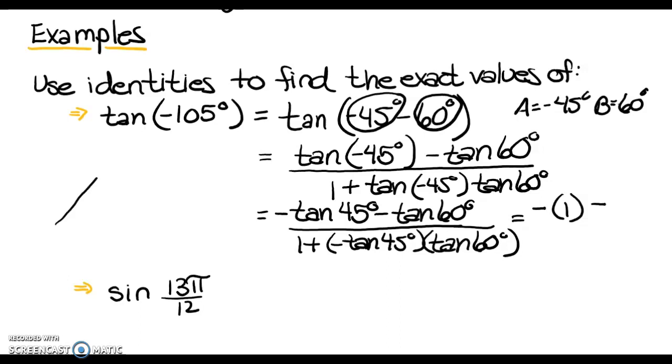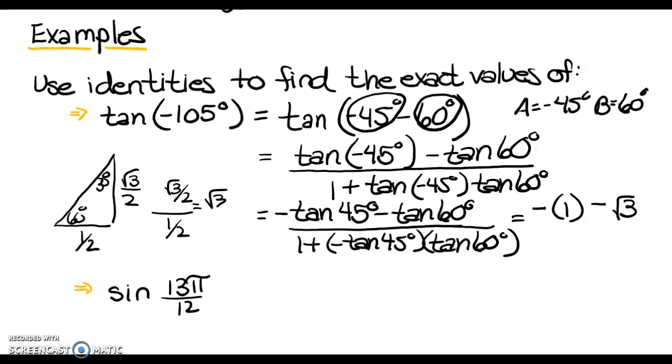From the 30-60-90 triangle, with sides 1/2 and radical 3 over 2, tangent is opposite over adjacent, radical 3 over 2 over 1/2, which is radical 3. You also have your unit circle you can use. Then I have 1 plus negative 1 times radical 3.